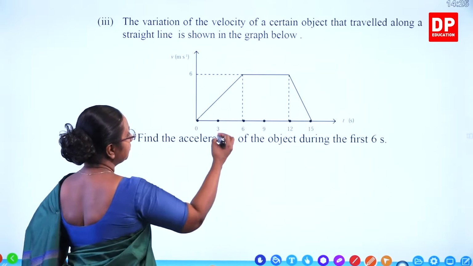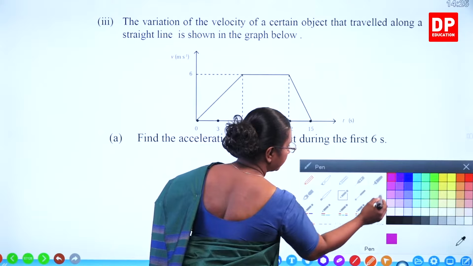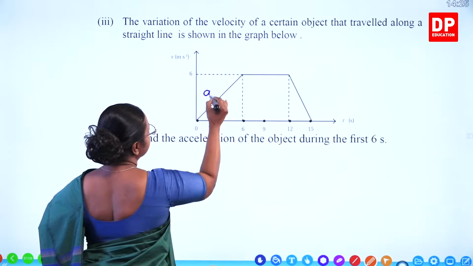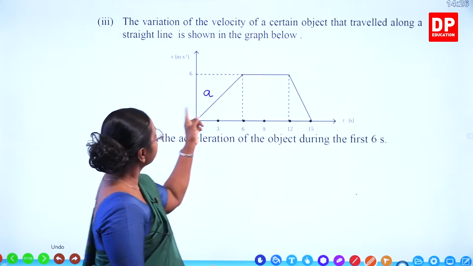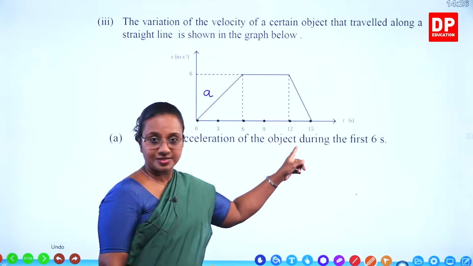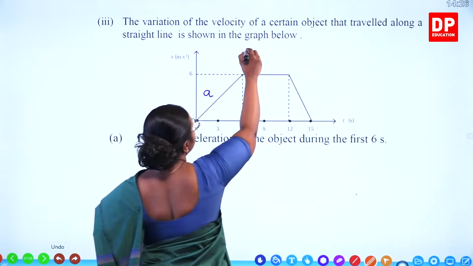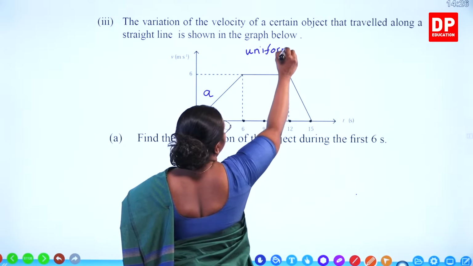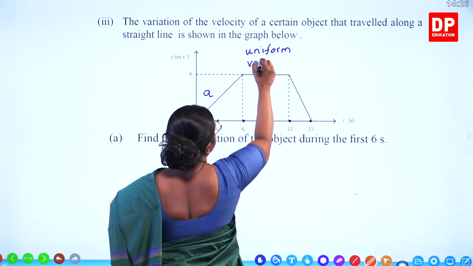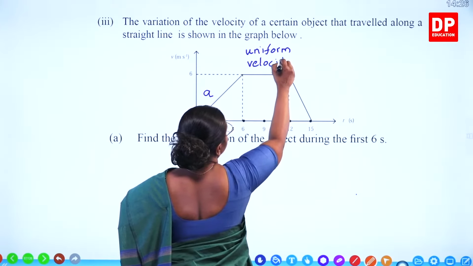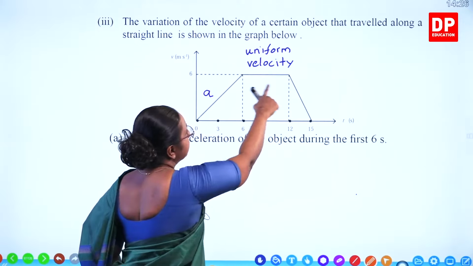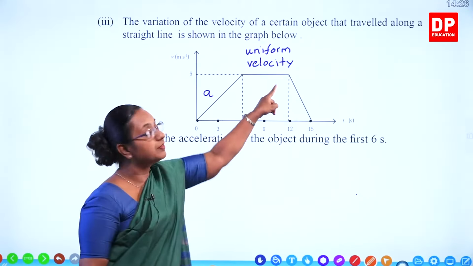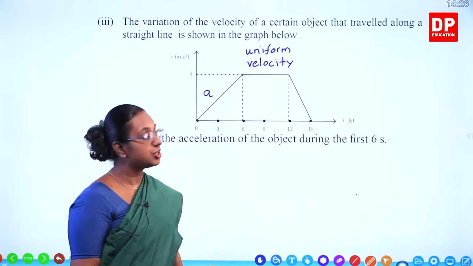So from the graph you know the first part is acceleration. This is acceleration. The second part from 6 to 12 seconds, that is uniform velocity, because the graph is parallel to the x-axis and the value of the velocity does not change.